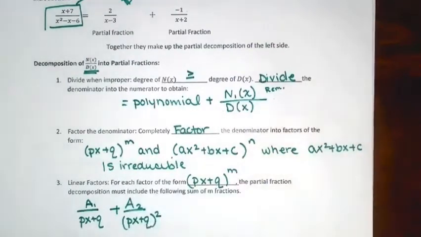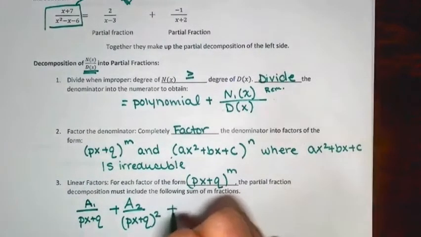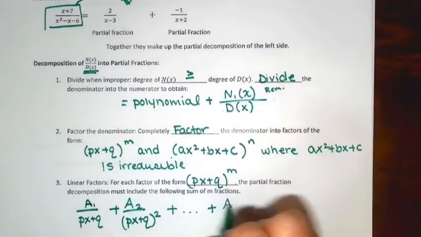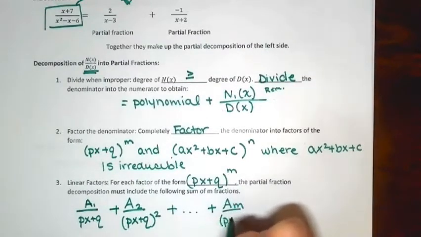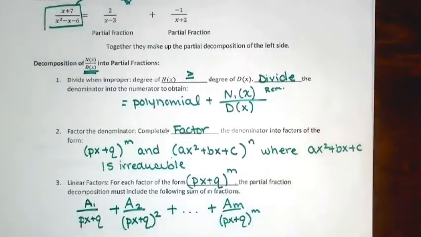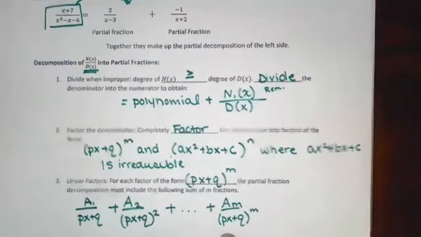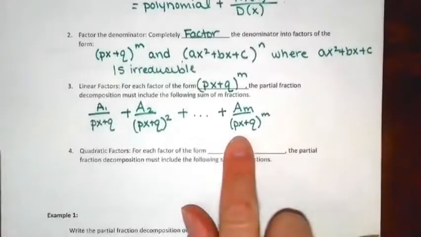So say we have another one, plus, and we go all the way to a sub m over p of x plus q to the n power. So if we factor the denominator and we have three binomials, we're going to have three fractions here that we add. If we have 4 or 5, we will have 5 fractions here. So this is just taking it out to how many binomials we have in the bottom.